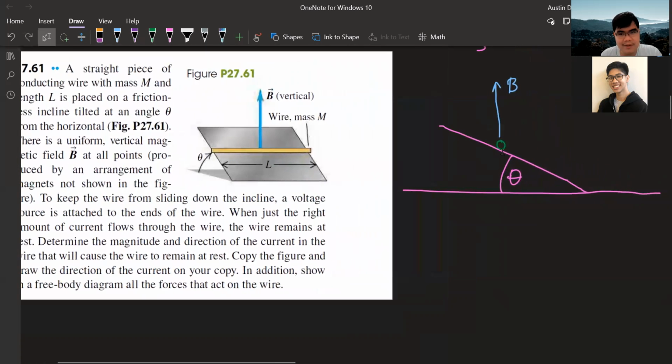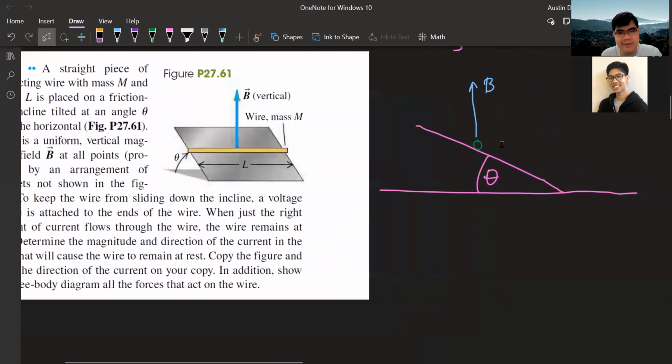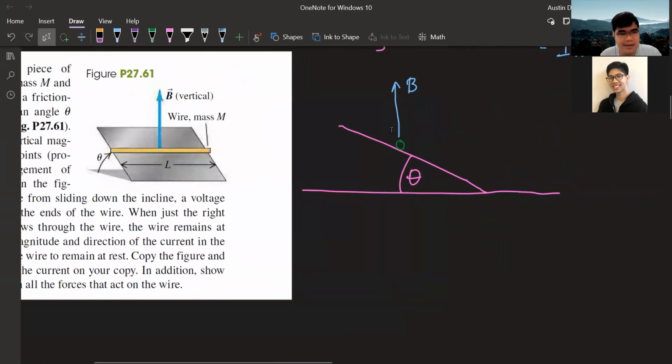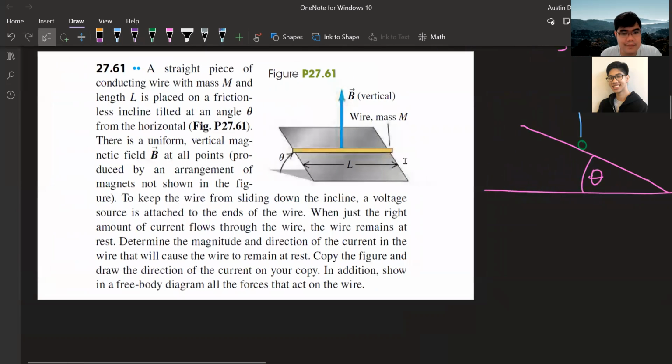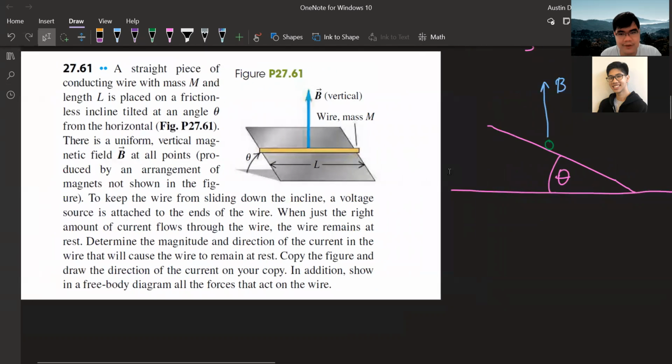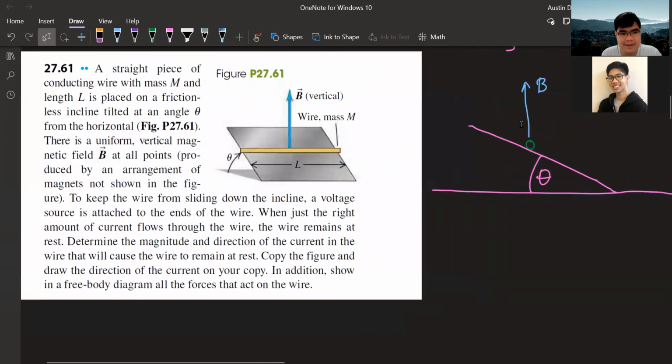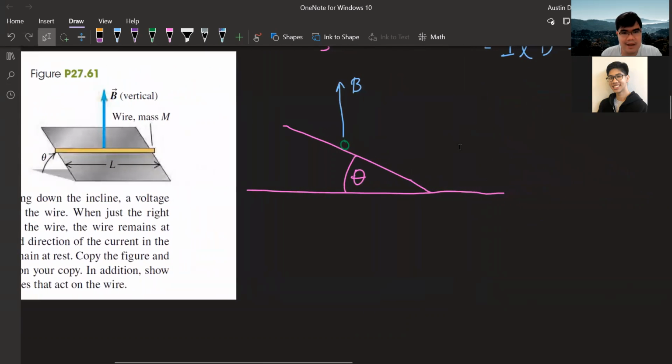Okay, kasi 'di ba pag nag-run through yung current dito and then perpendicular si wire tsaka si magnetic field, alam natin may force somewhere depende dun sa direction ng current na supply natin. Okay, so with the right amount of current, hindi ito malalaglag sa inclined plane. Okay. So by the right hand rule, gusto natin yung current coming out of the page.